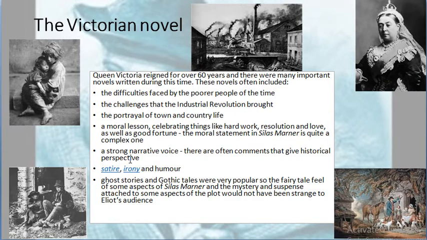A strong narrative voice. There are often comments that give historical perspective, satire, irony, and humor. Ghost stories and gothic tales are very popular, so the fairy tale feel of some aspects of Silas Marner and the mystery and suspense attached to some aspects of the plot would not have been strange to Eliot's audience.